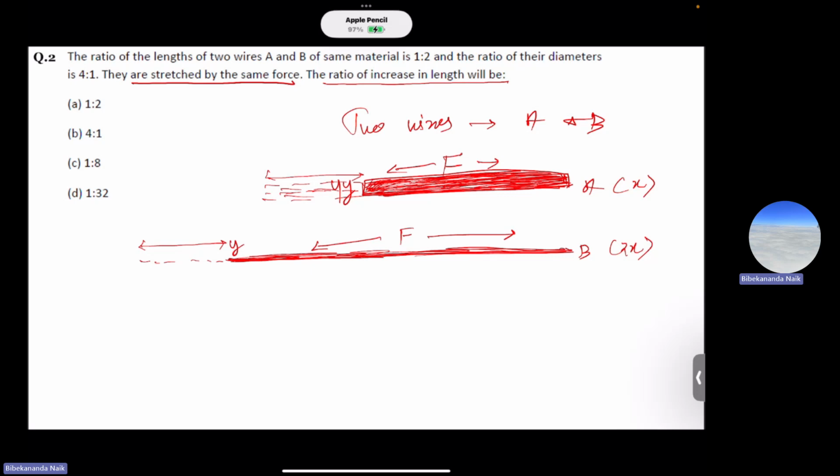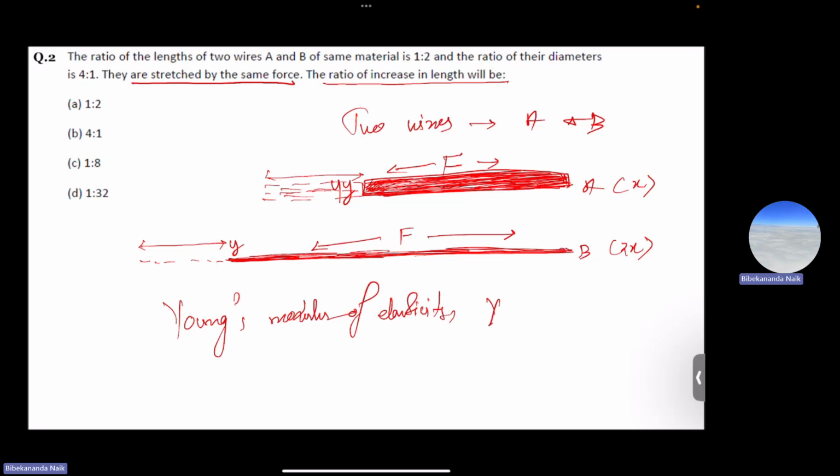So the Young's modulus of elasticity Y is given by, in general the modulus of elasticity is given by stress by strain.